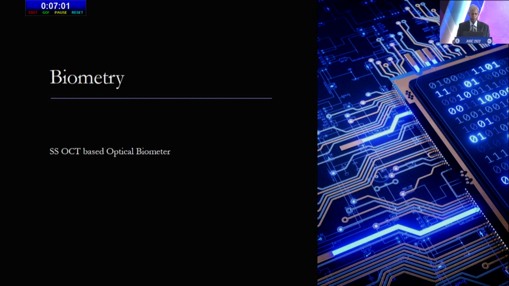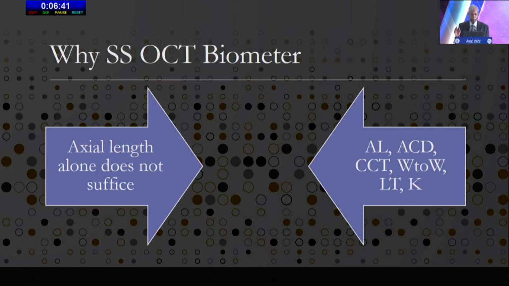What is the ultimate device that you can use today as an optical biometer? We've had several models that have come over the last 15 or 20 years. The one that is most appropriate today would be the SSOCT-based optical biometer for the following reasons. Axial length alone does not suffice.